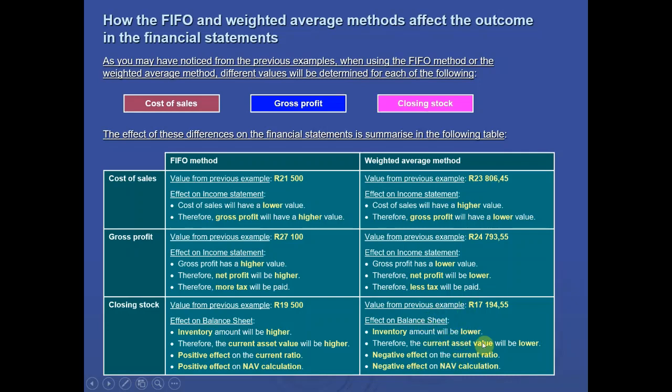Whereas in the weighted average method, it's an advantage that your net asset value and your current ratio is better, but the price you pay is that you will pay more tax. So in both, what's the advantage in the one is a disadvantage in the other one, and vice versa.